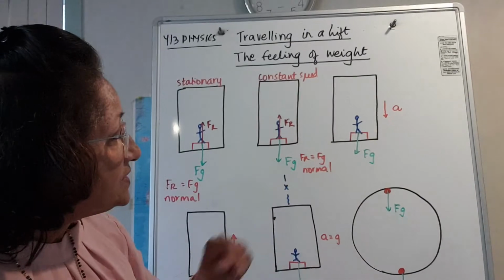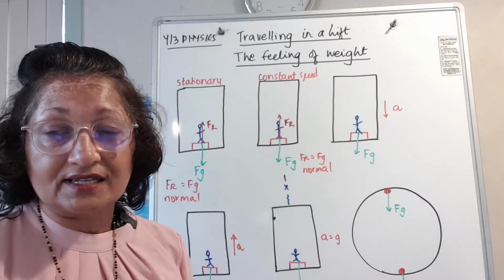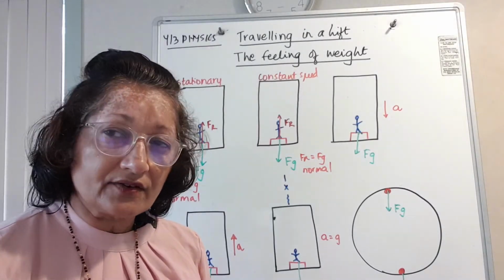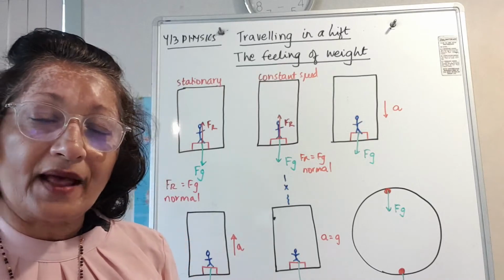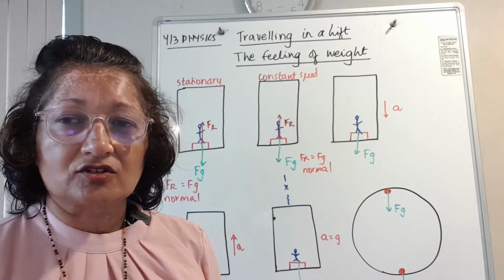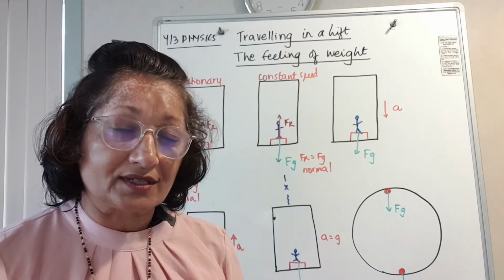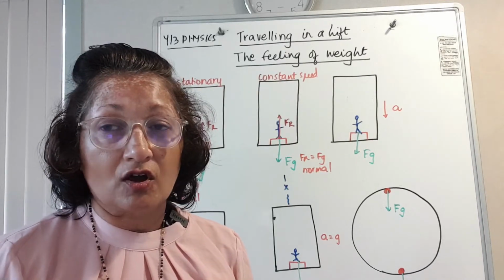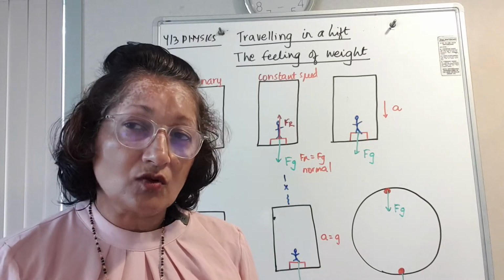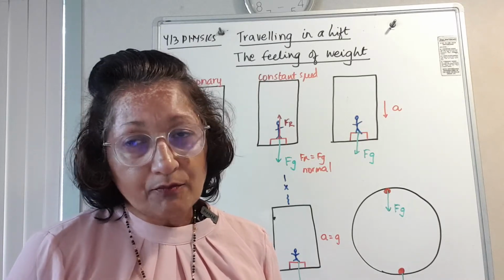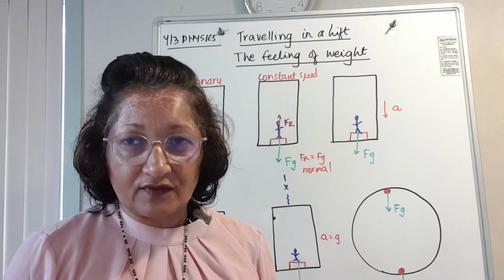Okay, now in this one here, the lift is accelerating downwards. If it's accelerating downwards, then the unbalanced force is always in the direction of acceleration. So the unbalanced force is acting downwards, which means our forces are no longer balanced, and the force downwards is bigger than the force upwards. Your upward force is your reaction force.